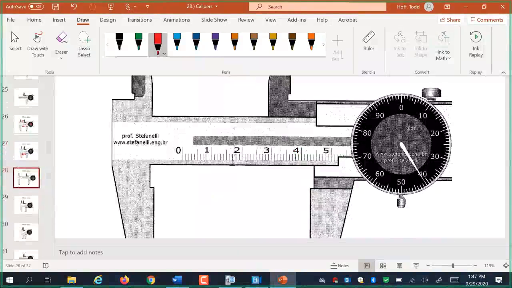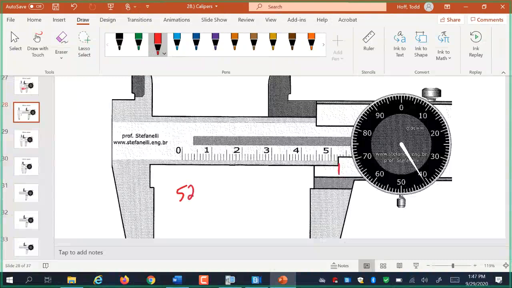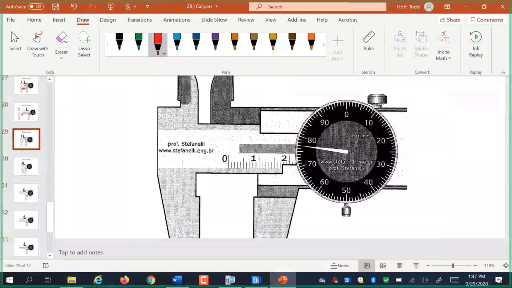So on this one, what do we read off the main scale? 50, 2, 52, good. What do we read off the dial? 41, so 52.41 millimeters. How about this one? What's the whole reading?